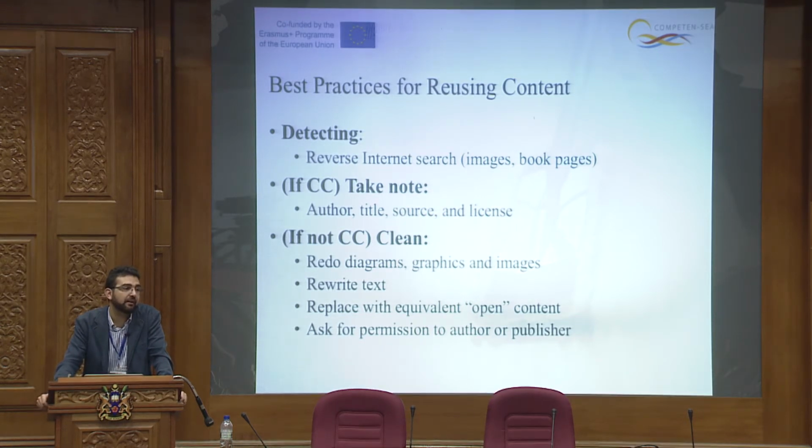If this material has a Creative Commons license, then we annotate the author, title, source, and type of license. And if not, well, we can clean the material, redoing the graphics, the images, rewriting the text if it comes from a page, a book page, replacing the image or whatever with equivalent open content, or, as I said, asking for permission.